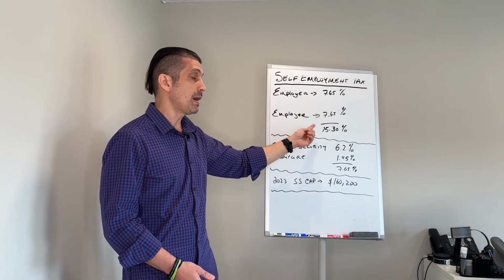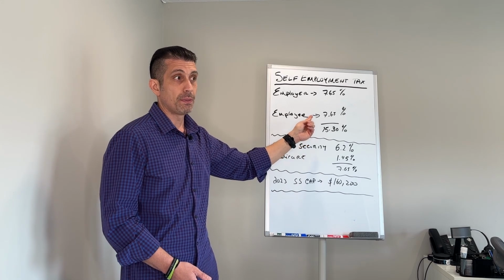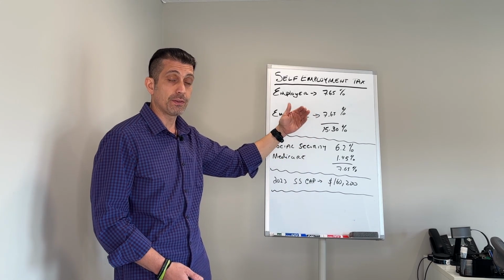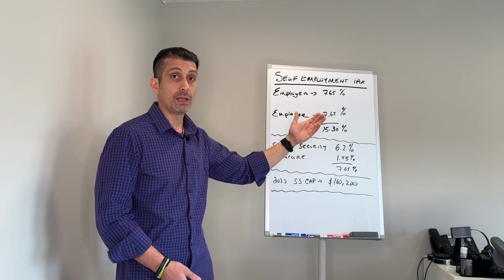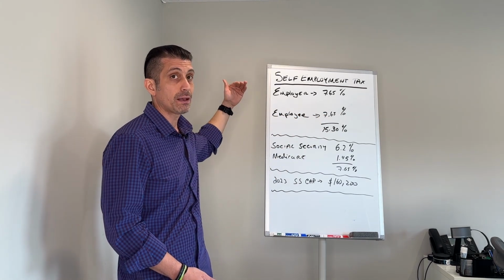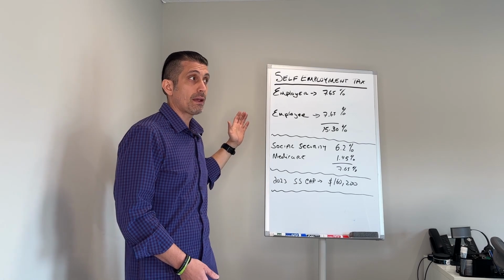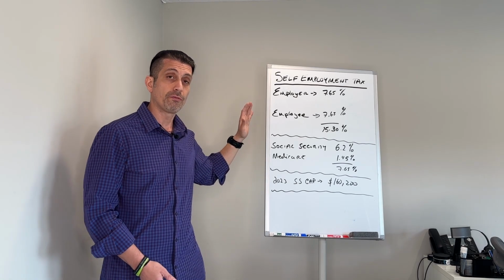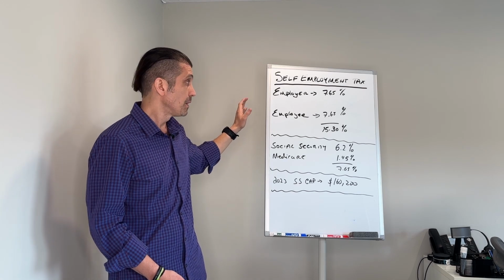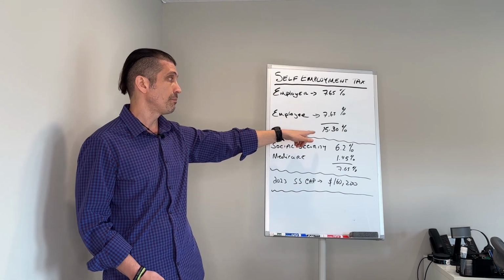But believe it or not, yes, this is pretty much the actual amount of taxes that you're going to see being calculated on your return, and you will be responsible for this on top of the income tax. And that holds true for federal, state, and local income taxes. On top of those taxes, you're going to have to pay also self-employment tax.